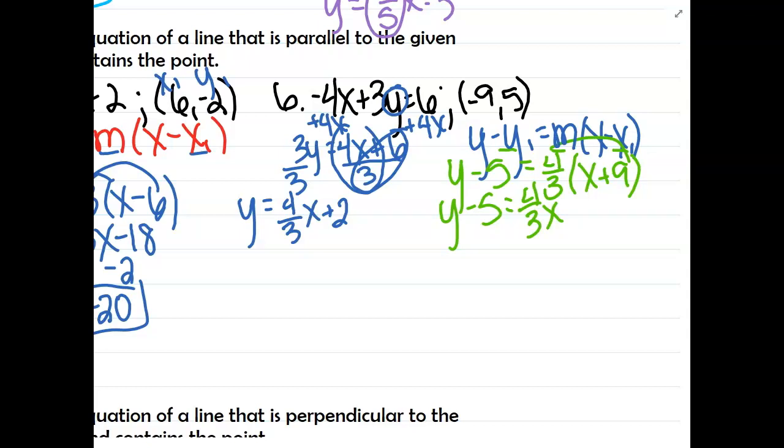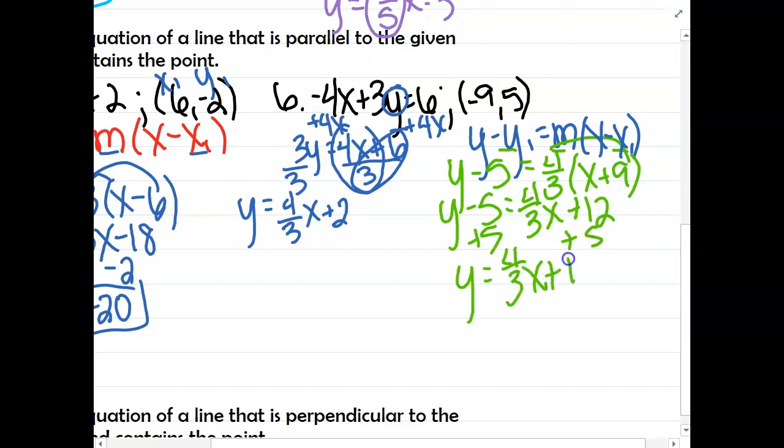So 9 divided by 3 is 3, and then multiply by the top number, which would be 12. Or you can plug it in a calculator. And then add 5 to both sides. So y equals 4/3 x plus 17.